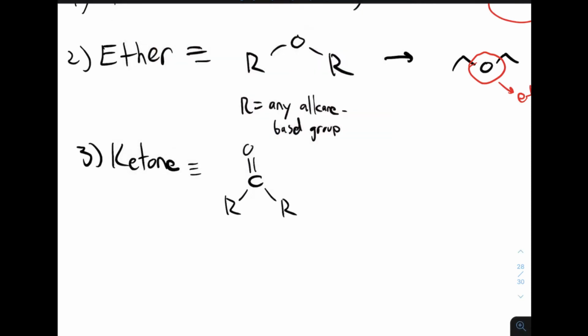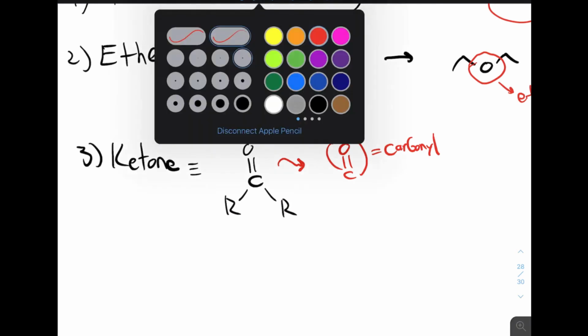And something important to note here too is that this oxygen double bond, we can call this a carbonyl, okay? But we can further define it as a ketone. So this whole thing here is a ketone.